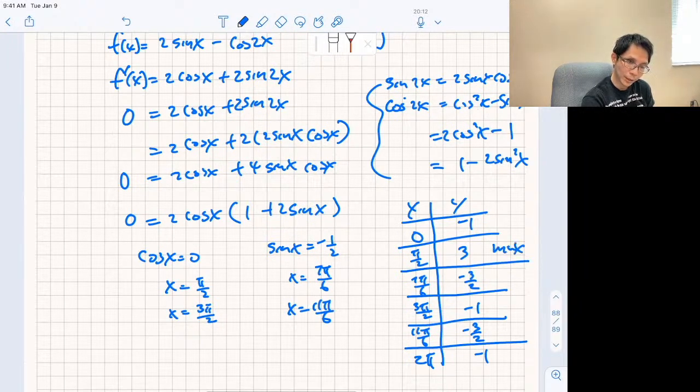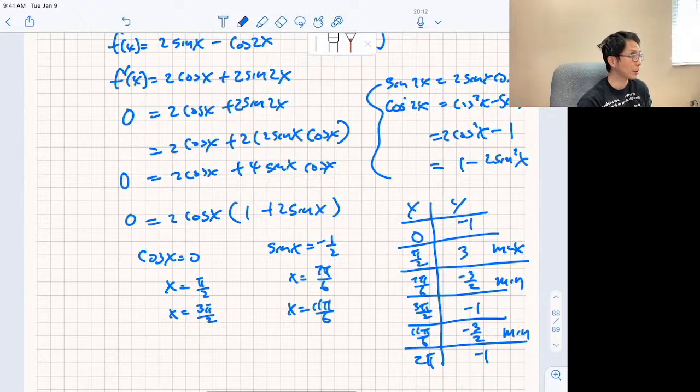And min is happening here. This is absolute max and min. Actually, in this case, could be relative as well. Yeah, those are two absolute min.